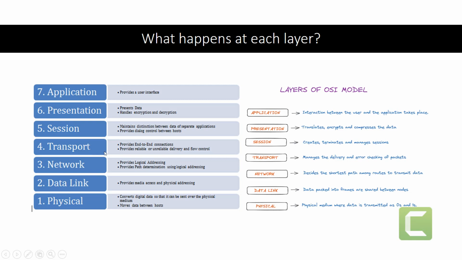So if something happens to the transport layer, there will simply not be any communication between the sender and the receiver. So it provides end-to-end connection, and it manages things like delivery, checking of errors of packets, and all of that. So all of those happen at the transport layer.